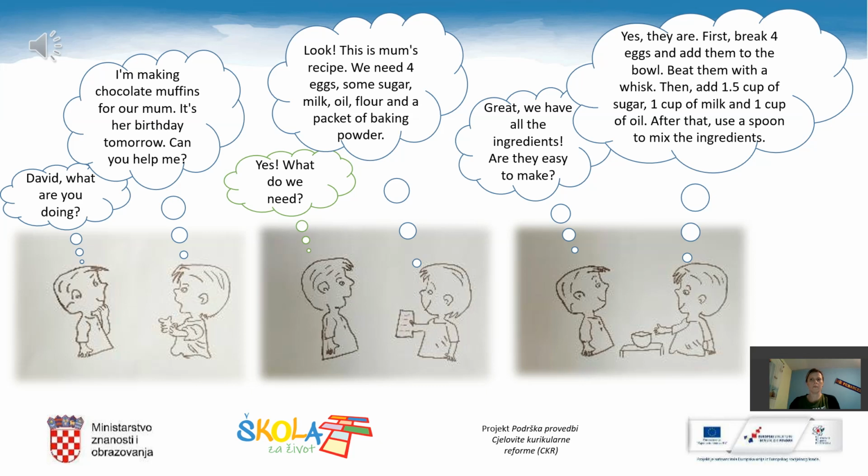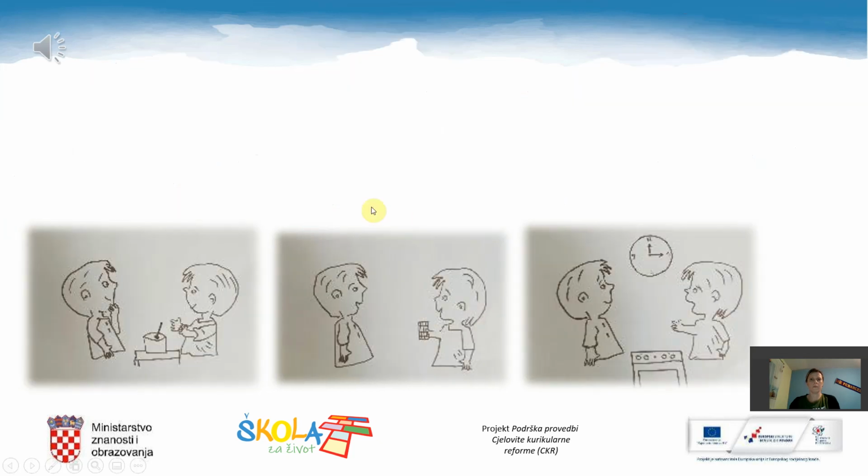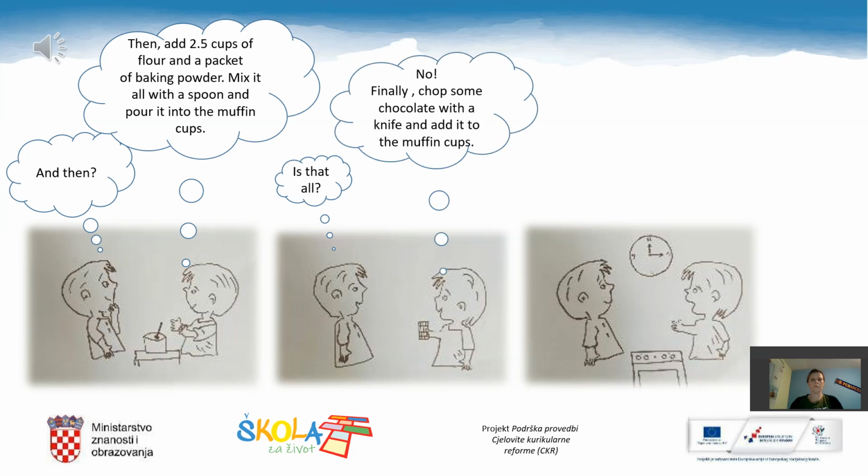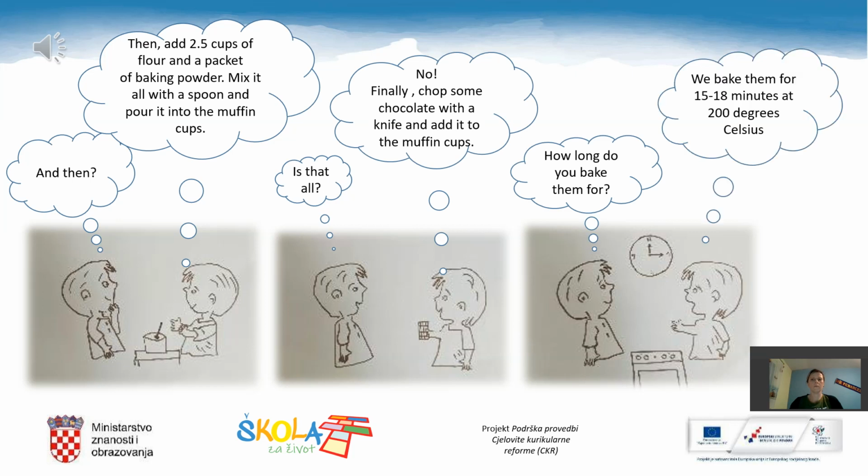After that, use a spoon to mix the ingredients. And then? Then, add 2.5 cups of flour and a packet of baking powder. Mix it all with a spoon and pour it into the muffin cups. Is that all? No. Finally, chop some chocolate with a knife and add it to the muffin cups. How long do you bake them for? We bake them for 15 to 18 minutes at 200 degrees Celsius.